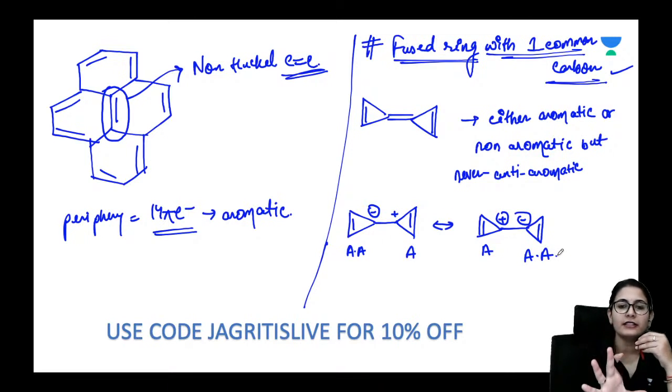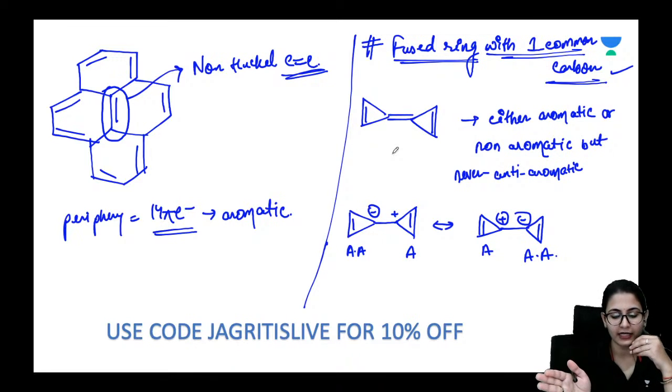This means that when I am breaking this double bond and separating the charges, I will get one of the rings becoming anti-aromatic. So therefore, what will we do? I will not open this double bond. Let the molecule be as it is. And the molecule as it is will become non-aromatic.